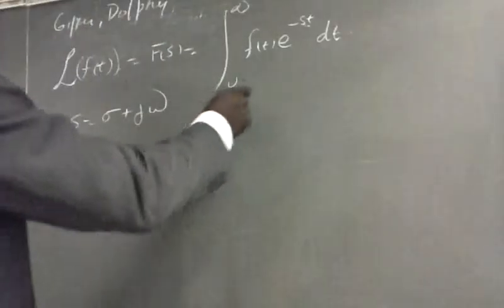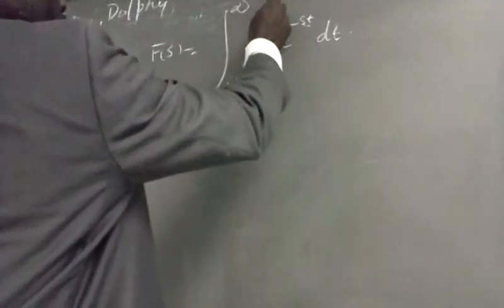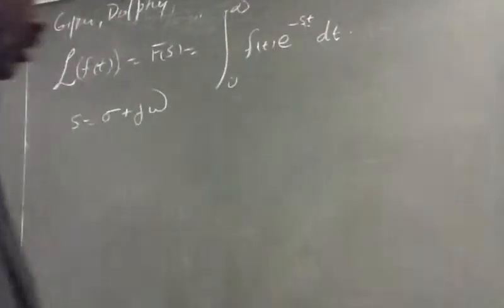Alright, we could see now that this Laplace transform is called the unilateral, or one-sided, Laplace transform.